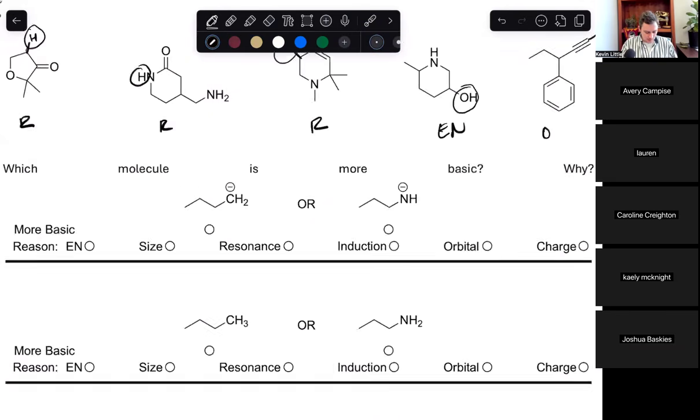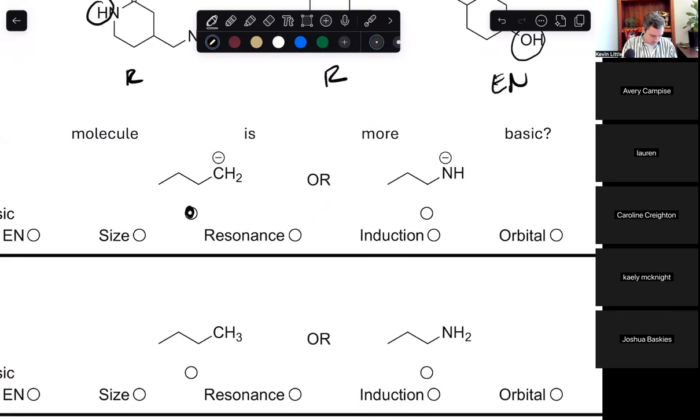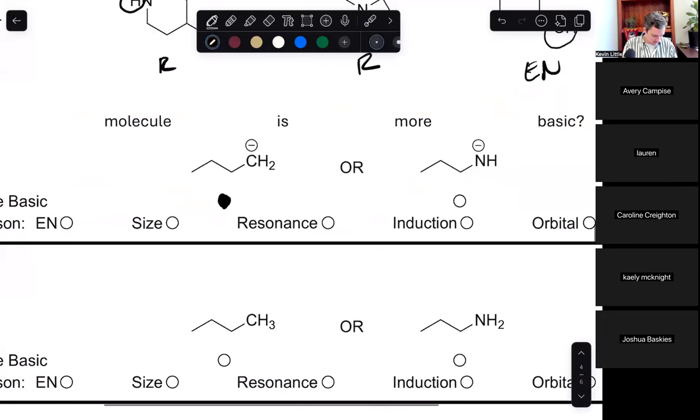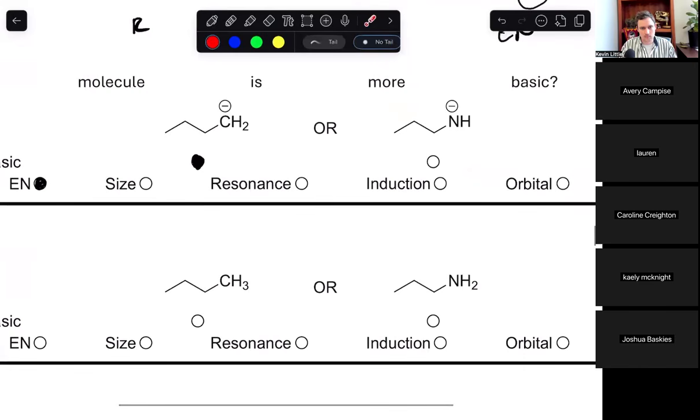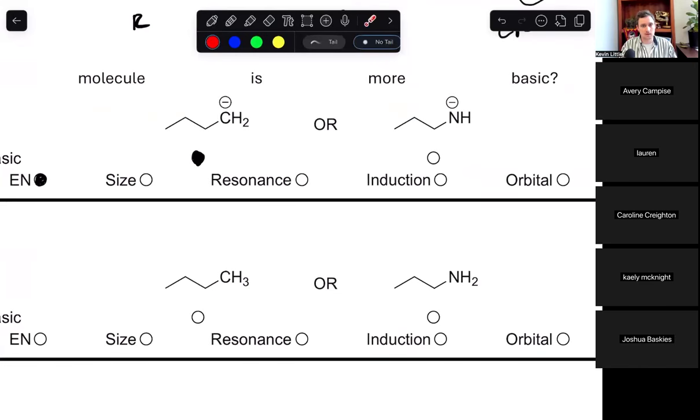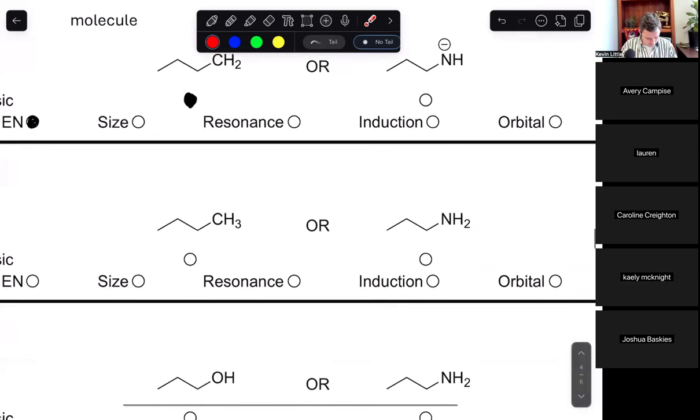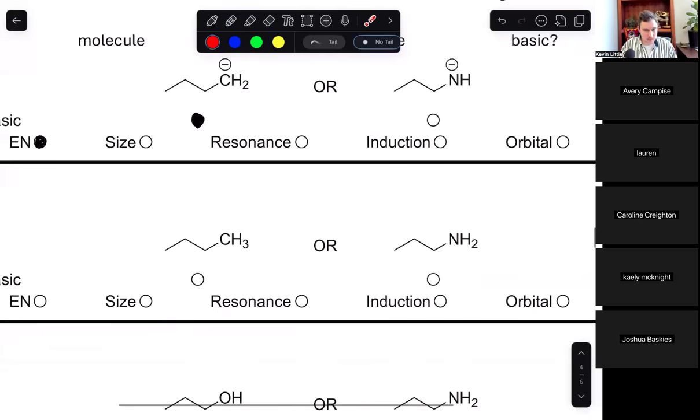More basic is the opposite. This is more basic because of electronegativity. That negative charge is less stable on a carbon than it is on a nitrogen. Carbons don't want a negative charge. They are more electropositive. They're further on the left on the periodic table. But this is one of those situations where you can't just say, oh, carbons are always more basic.